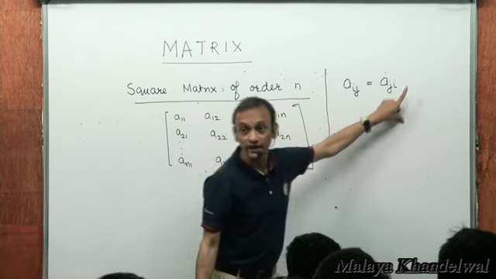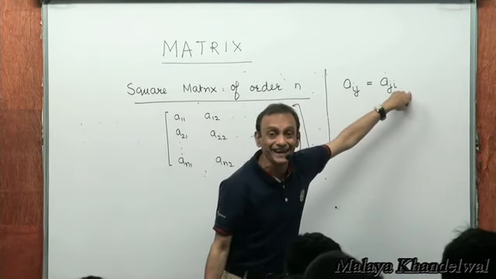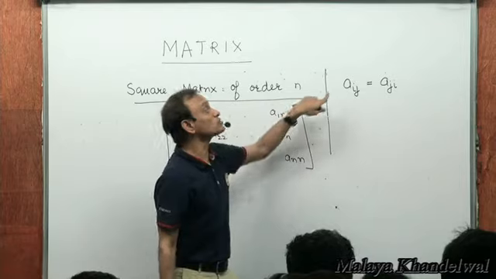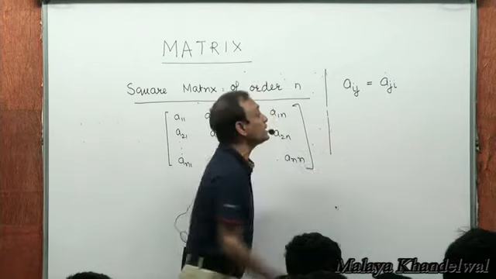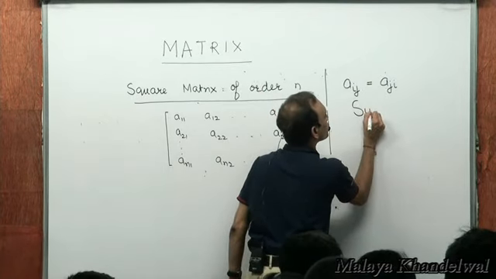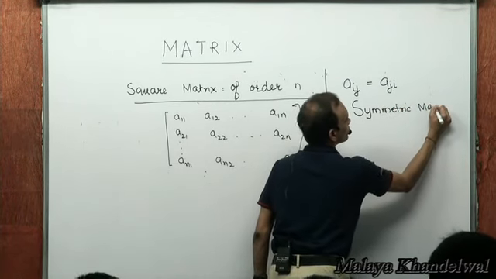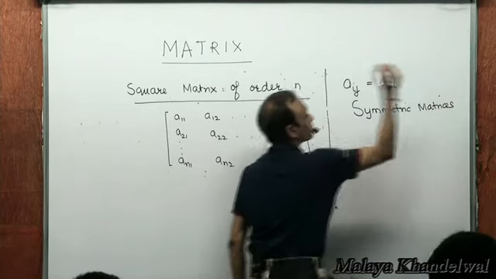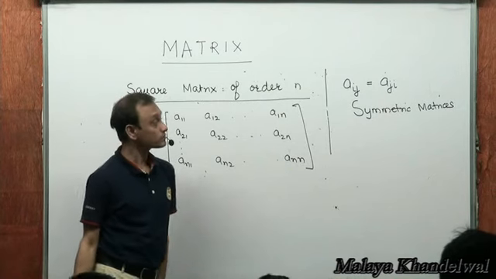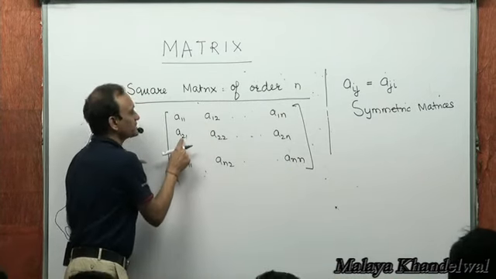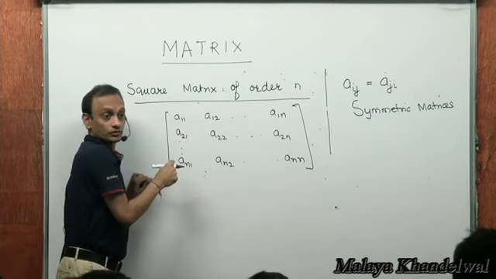Square matrices with this property are called symmetric matrices. That means A12 will be the same as A21, A13 will be the same as A31, and so on and so forth, right?